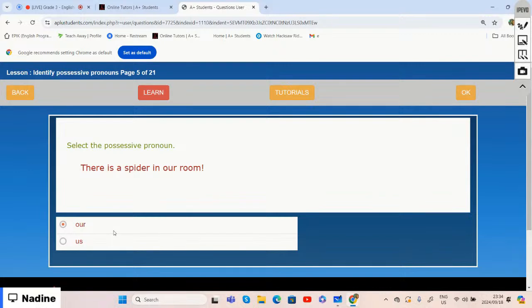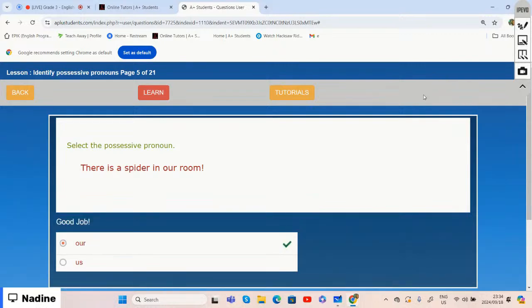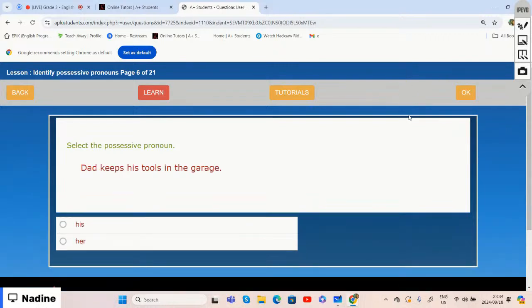Our room. So if we were to select our possessive pronoun, then we say it is our. So well done. Our is correct.